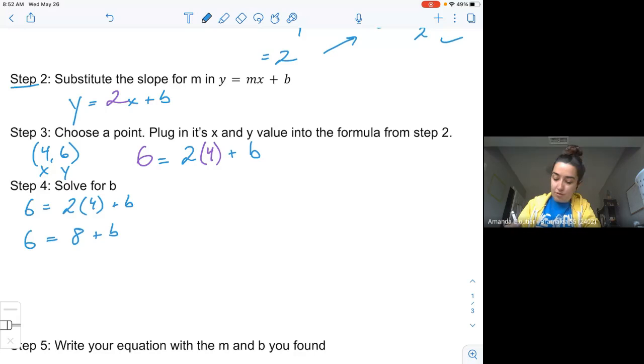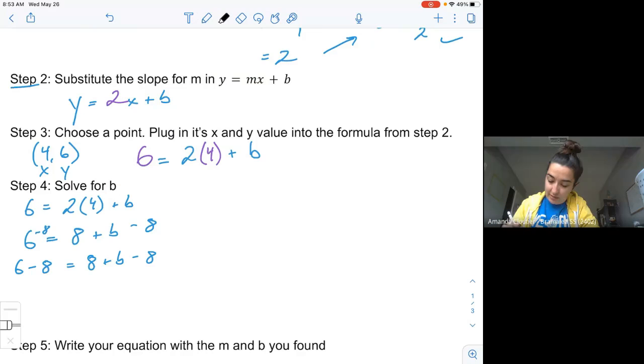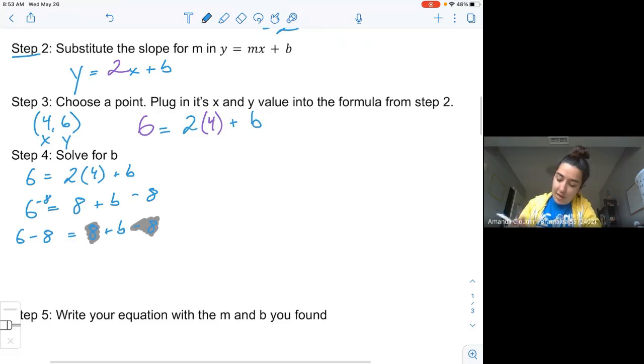So I'm going to subtract 8 from both sides. So I'm going to do 6 minus 8, and then this will be 8 plus b minus 8. Now this allows me to cancel out my 2 8s. And I have that 6 minus 8 is equal to b.